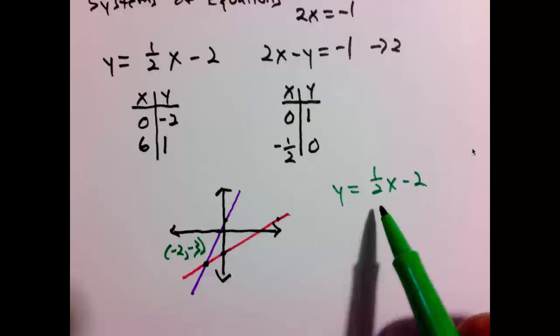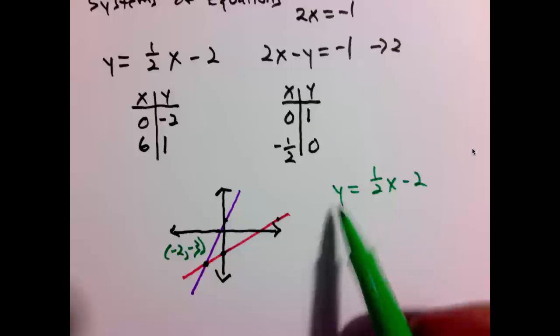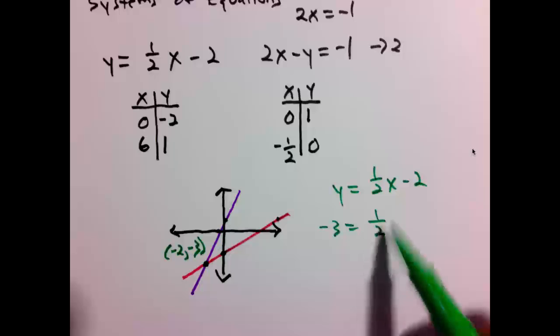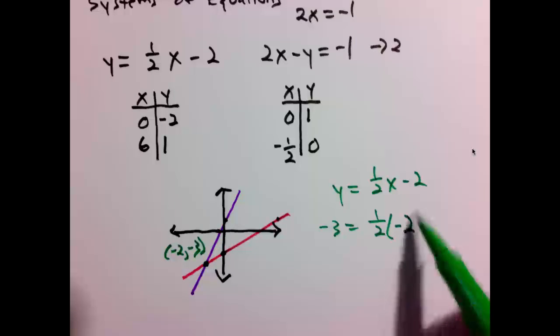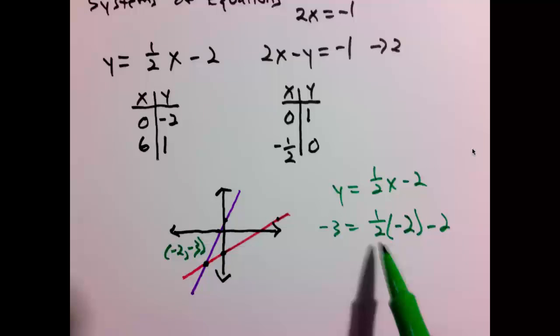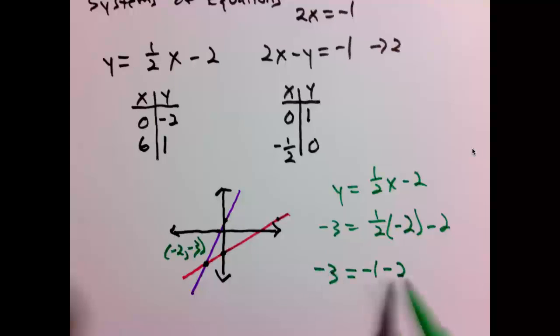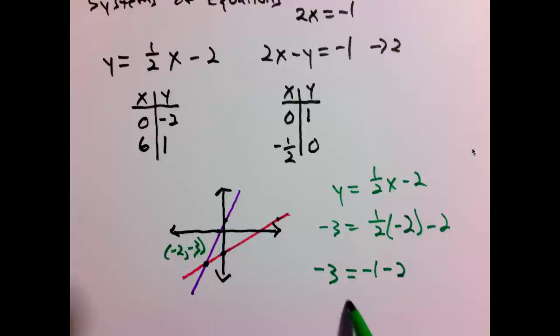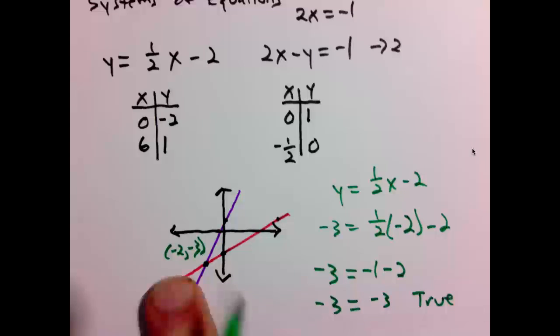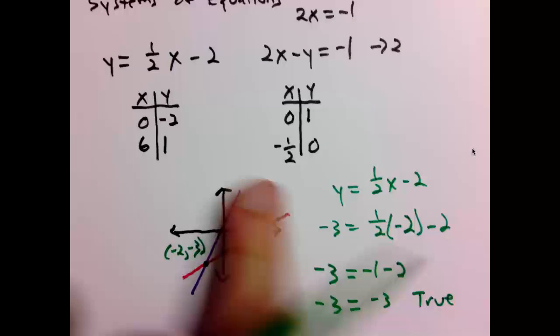Substituting -2 for x and -3 for y, -3 equals 1/2 times -2, subtract 2. 1/2 times -2 is -1. -1 minus 2 is -3. And you see, indeed, -3 equals -3. This statement is true. Thus, this point does satisfy this equation.